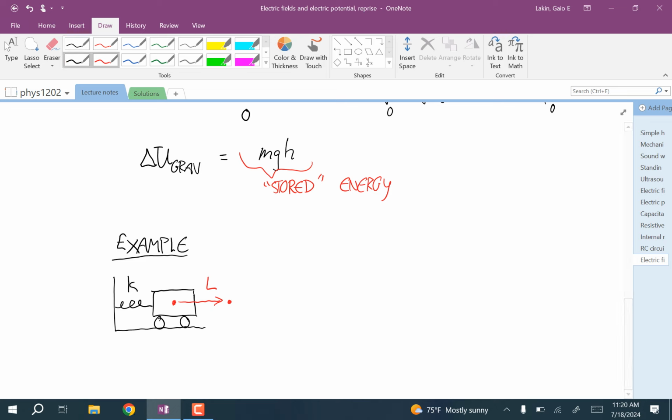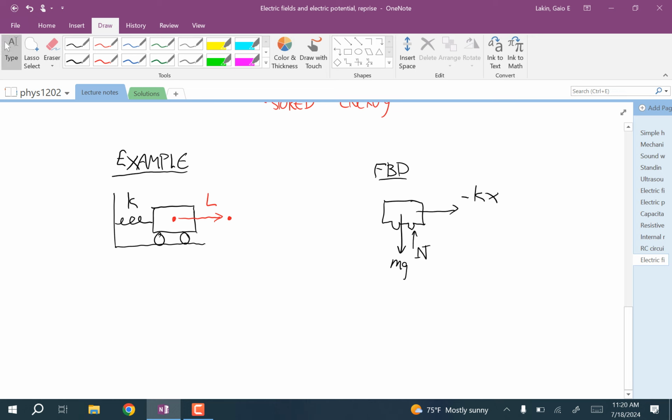Let's think about a free body diagram. You have the weight force down. That's not going to come into it. There's a normal force up. That's not going to come into it. The only thing we care about is this spring force, and that's negative kx. And so the force as a function of x, and I'm going to have my positive going to the right, is equal to negative kx.